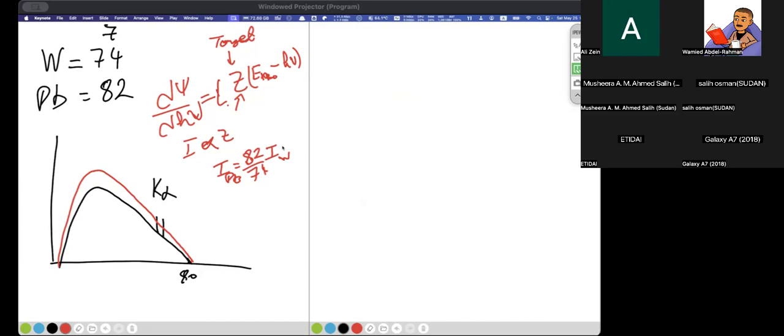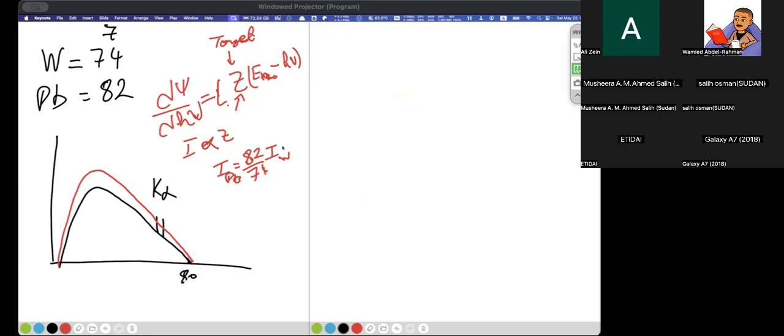Okay, how are we going to get these K alpha lines? First, we need to create a vacancy in the K shell. Right? Yes. But in order to create a vacancy in the K shell, what is the binding energy of electrons in the K shell? For lead. For tungsten, it's 74.